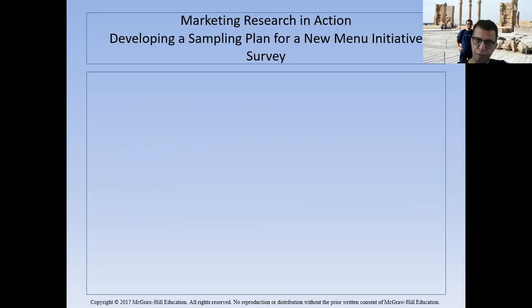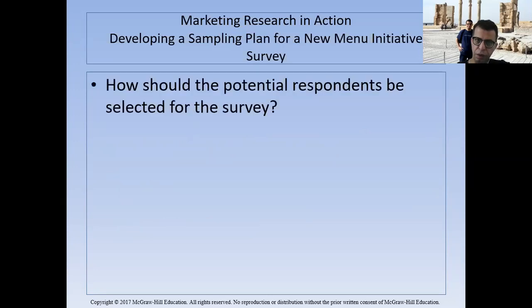Now, the next step is, how should the potential respondents be selected for the survey? So now I have all the questionnaires ready, and if somebody answers these questions, then I know exactly what I'm supposed to do next, whether I should build a new menu and what should be in it.